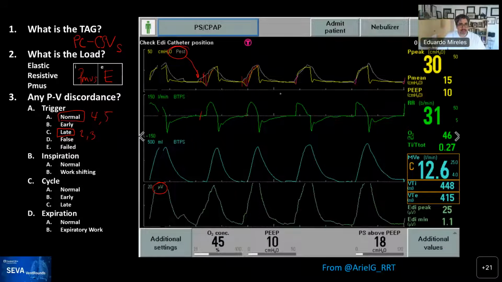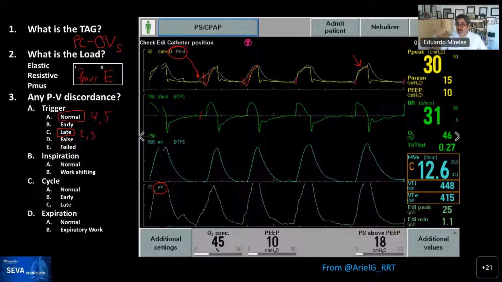So you can see that the peak ends over here, and by convention, the NAVA team decided that it was around 70%. So this ends pretty synchronous, and you can see that there is no change in the flow there. The flow crosses baseline really rapidly, and there's no pause or anything. So this is a good cycle.